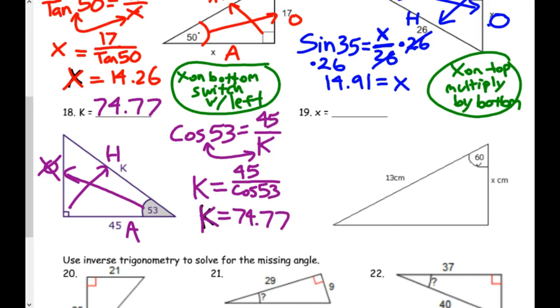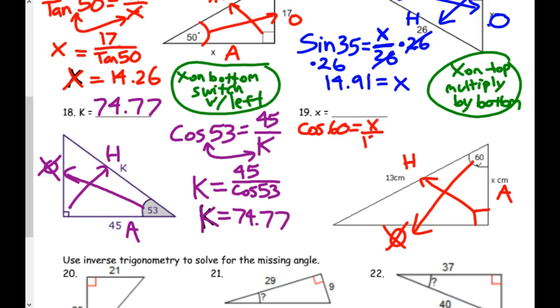Alright, another one here. Got my angle, so I got O. Now this is supposed to be a right angle, so that's going to be H. And that's A. No O, just like number 18, means it's going to be cosine. CAH. So cosine 60 equals A over H. X is on top. Just like number 17, when x is on top, I'm going to multiply by the bottom, the denominator.